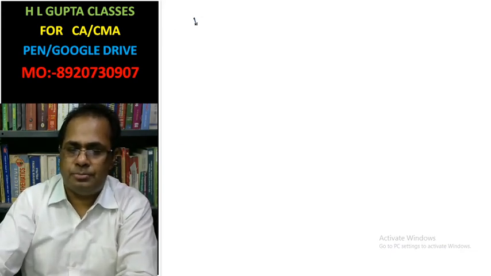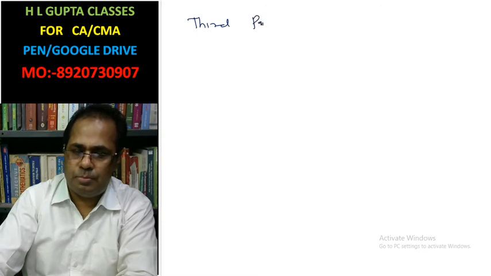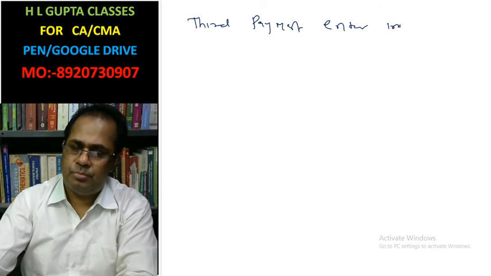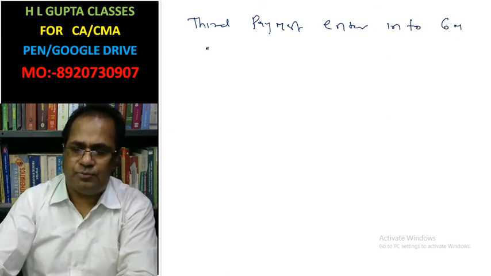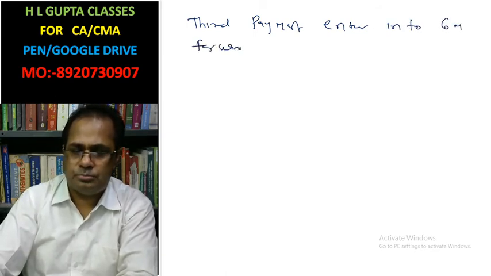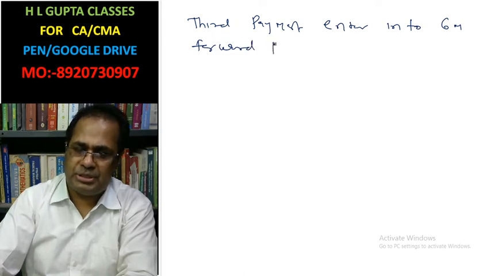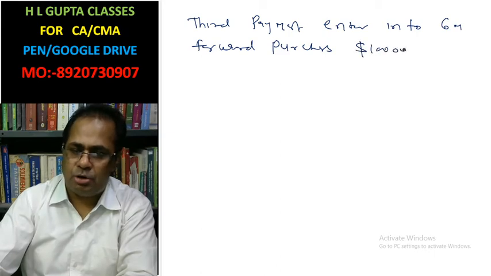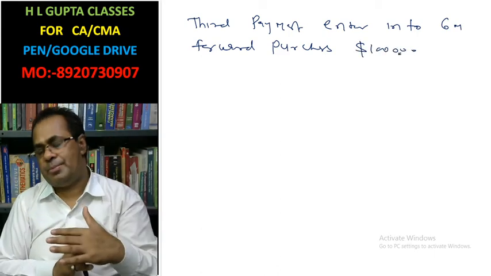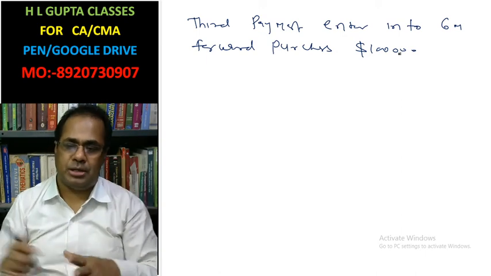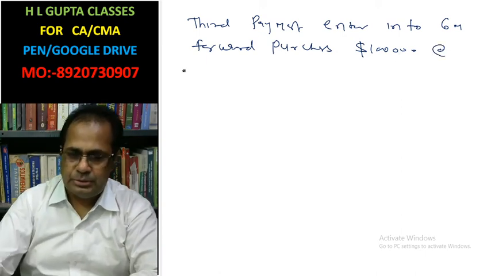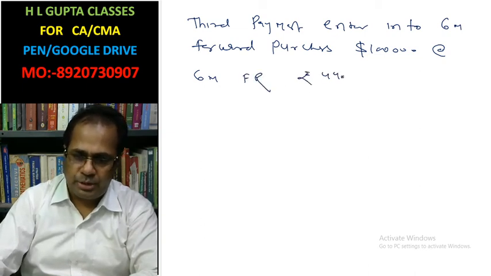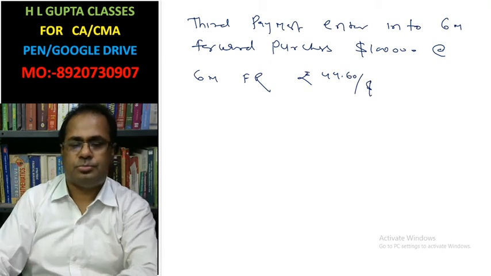For the third payment, enter into a 6 month forward, purchase $1 lakh, because out of 3 lakh, 2 lakh you already had paid, and the last amount $1 lakh at the 6 month forward rate, rupees 44.60 per dollar.